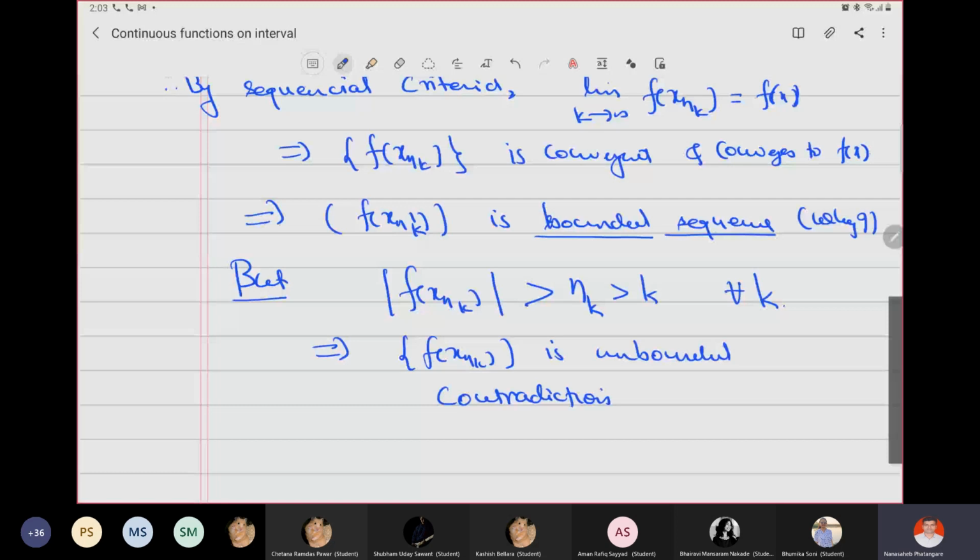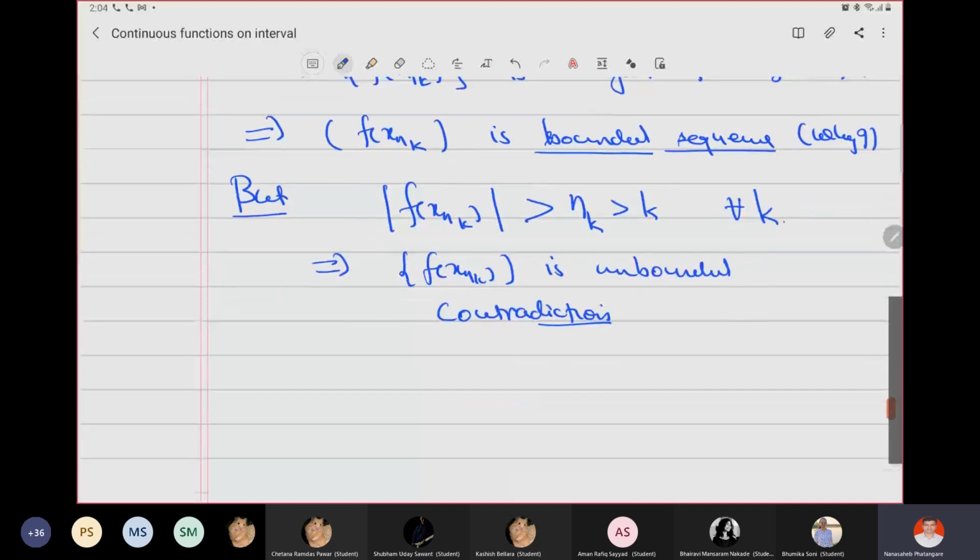Right? So why did we get a contradiction? In the previous step we got that f of xn k is bounded, and immediately in the next step we get that it is unbounded, which is a contradiction, and hence our assumption is wrong. Therefore, what can we conclude? f is bounded.